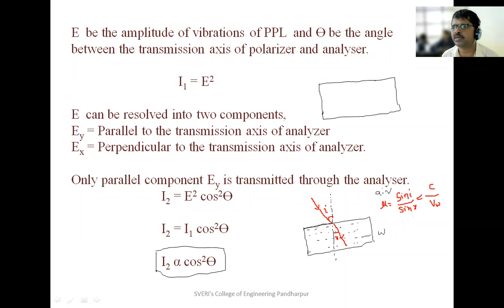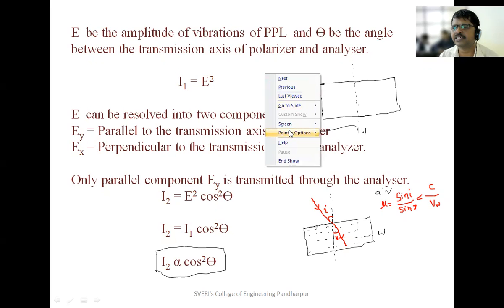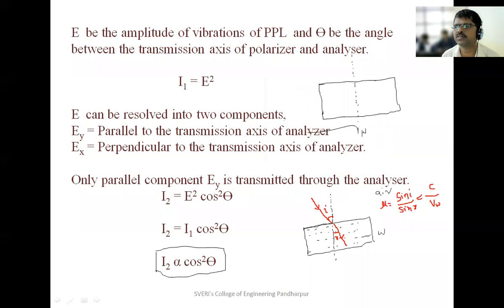Okay, this is the boundary, then the air medium, and the normal to this anisotropic medium. The ray of light is incident on this anisotropic or double refracting medium. This is the incident ray. I is the angle of incidence.